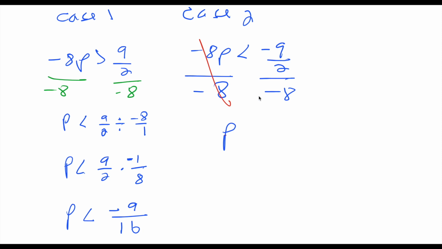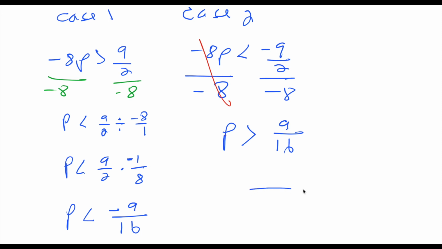Yeah, so if you multiply these two together, a fraction divided by a whole number is the same thing as just multiplying these two bottom guys together right here. Right? So then we flip our sign, bam, and then this is a negative divided by negative, so the whole thing's positive, right? All right, so then it's 9 over 16. That's it. So do we have an and situation or an or situation?